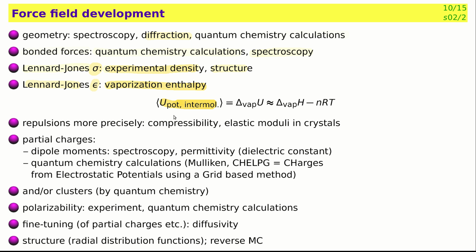That is, we have a force field, we can calculate the potential during a simulation, and the average potential is the vaporization internal energy. But in the tables we usually have vaporization enthalpies, so we must convert this using the well-known relation between the internal energy and enthalpy for ideal gas, usually.